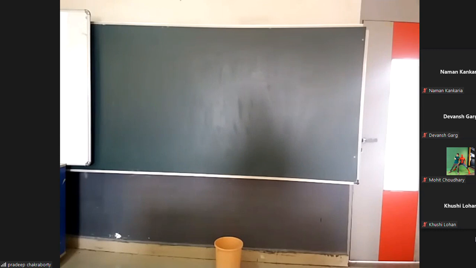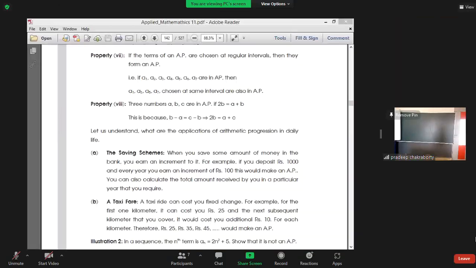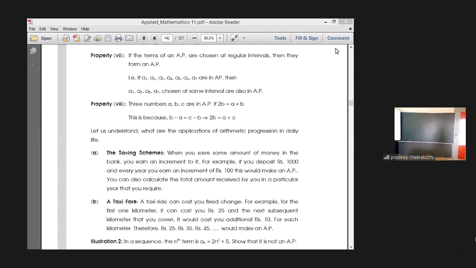So let us start. So last day we are on these properties of AP. Sir, property number 6 दिया था. I know. 7 बाकी है Till sir. 6 we have done, two more properties are there. Just wait, let me share the screen. हाँ सर दिख रही है.